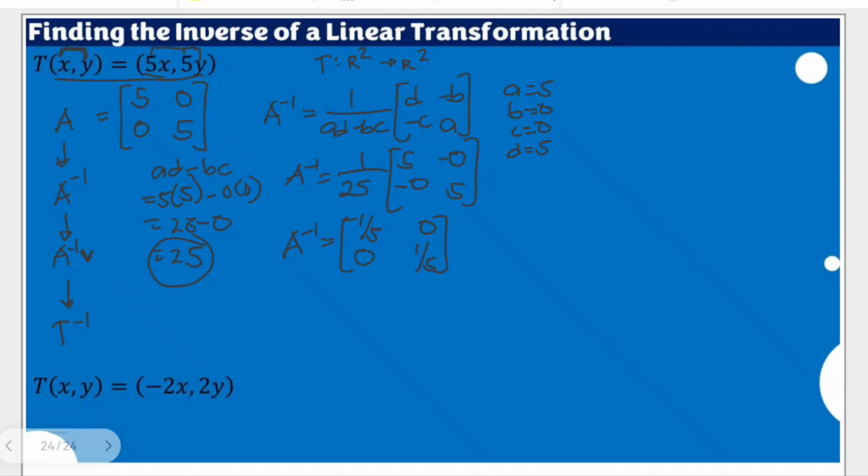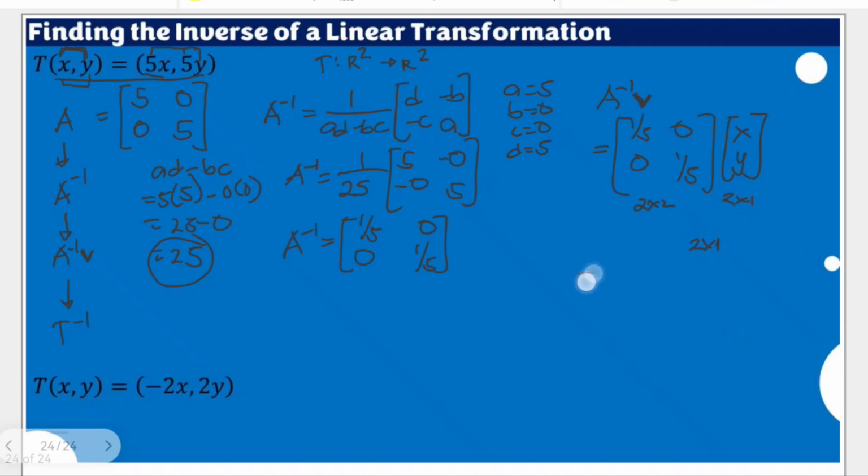This will be paired with a certain vector V, which has the components x and y, to solve for the inverse of our linear transformation. So we have here our inverse 1/5, 0, 0, 1/5 times x and y. When you multiply that, 2 by 2 times 2 by 1, you're expecting a result of a 2 by 1 matrix.